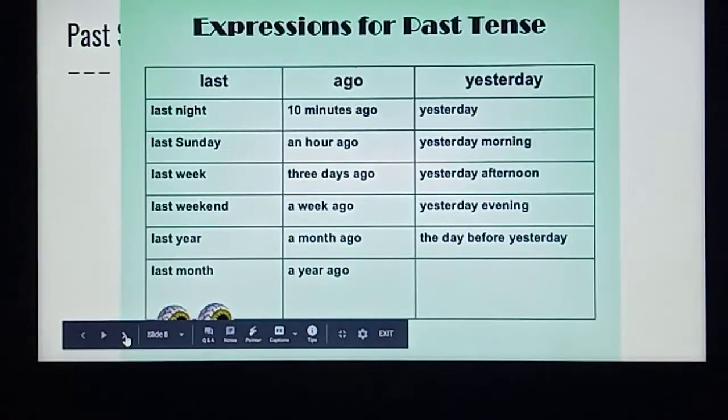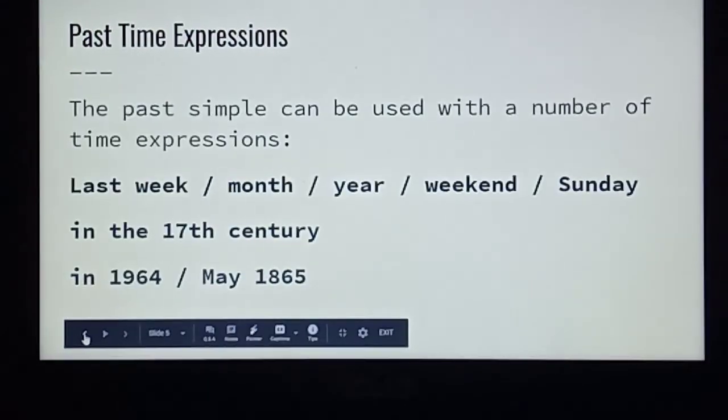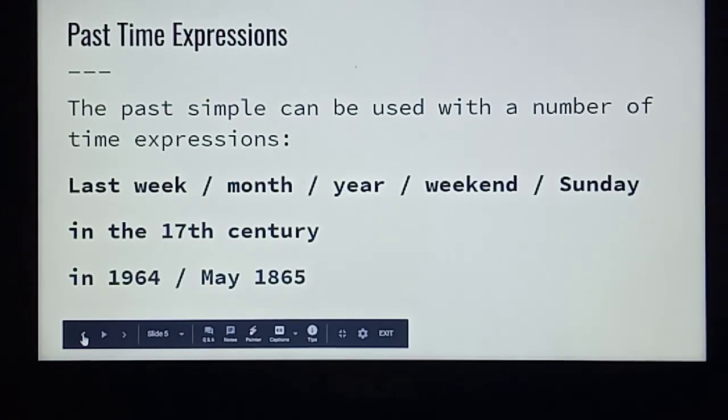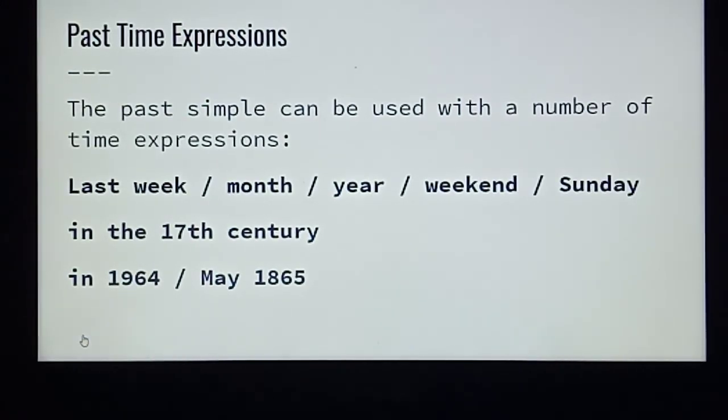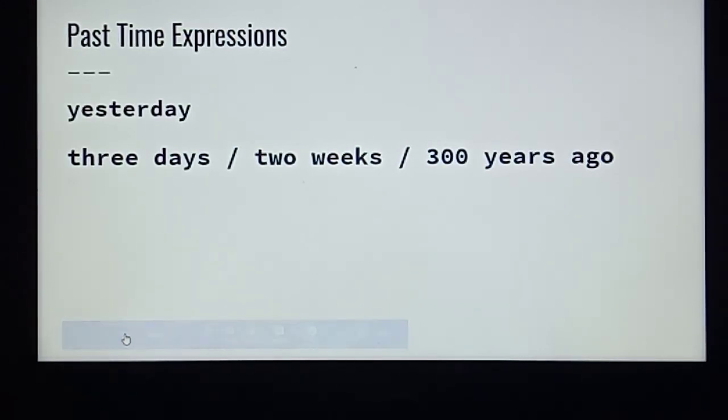The examples are a lot. Last week, last month, last year, weekend. Last Sunday, in the 17th century, in 1964, in May 1865. Yesterday, 3 days, 2 weeks, 300 years ago.